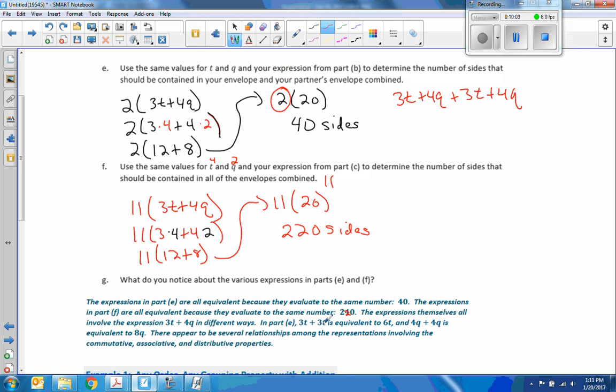And they're saying 3t plus 3t, this plus this is 6t. And the 4q plus 4q is 8q. That's what they're saying there. There appear to be several relationships among the representations involved: commutative property, associative property, and the distributive property.